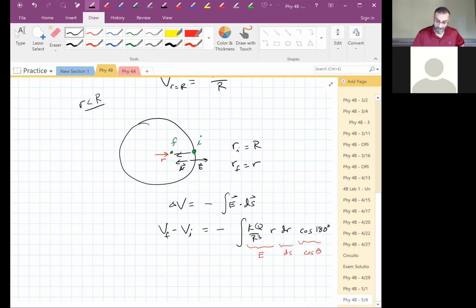The cosine comes from the dot product, right? So this is my E, and my ds, and there's a dot product in between them, right? So the dot product gives us the cosine 180.